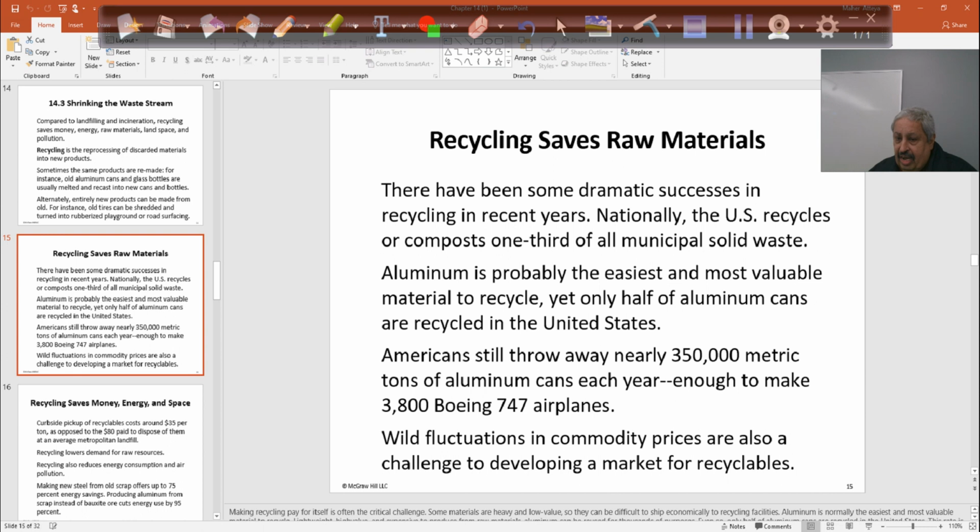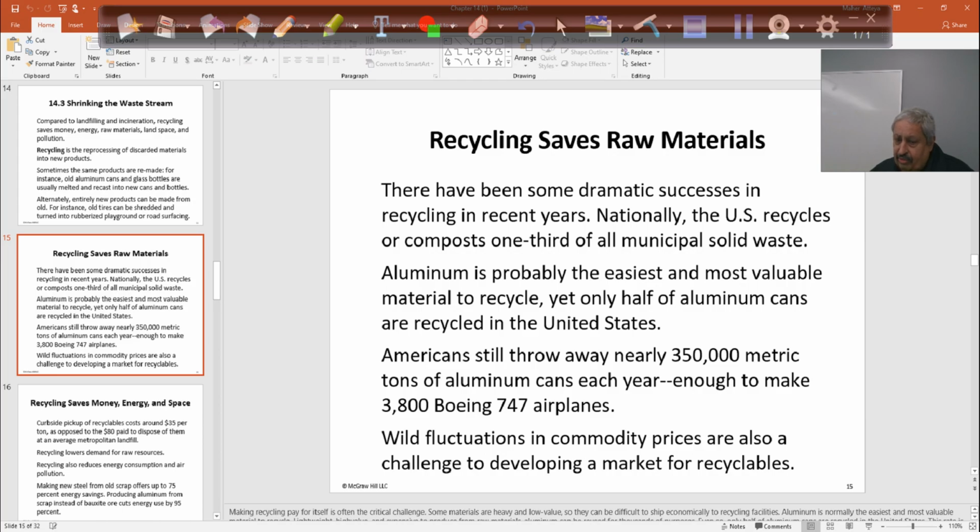The half that is recovered is kept away from mixing with the other solid waste. Americans still throw away nearly 350,000 metric tons of aluminum cans each year, enough to make 3,800 Boeing 747 jets.